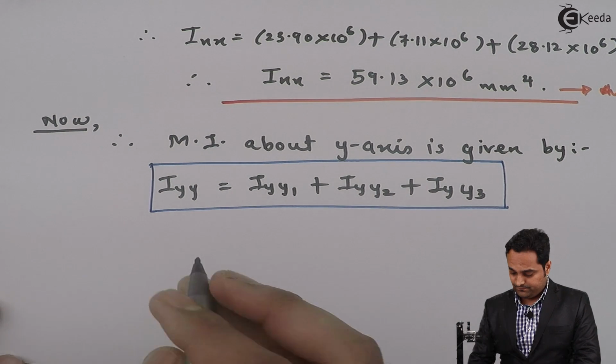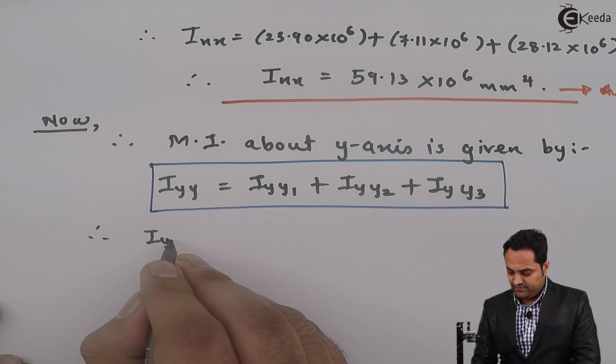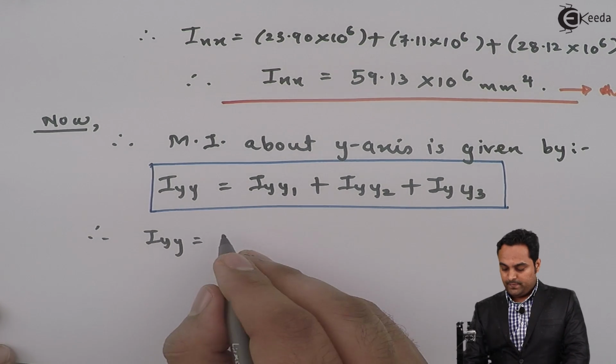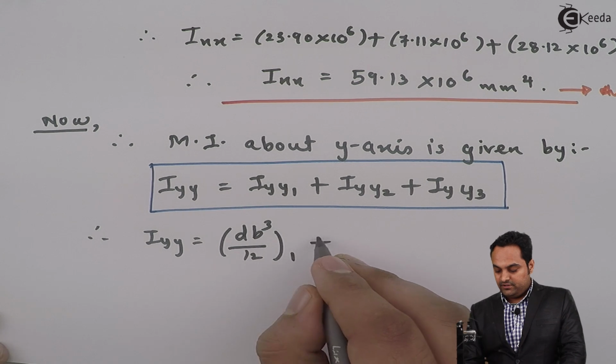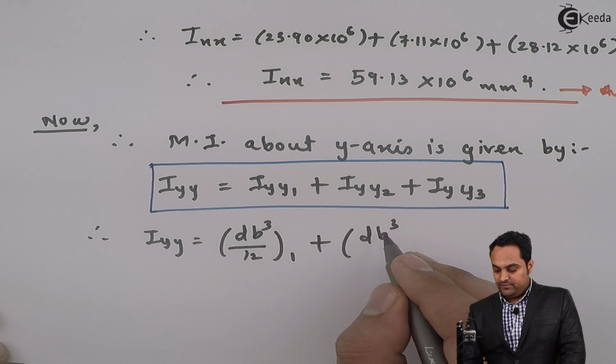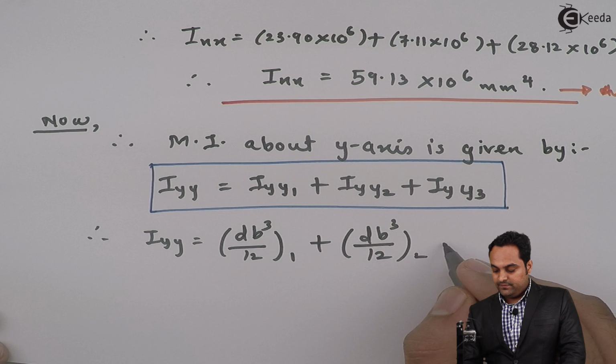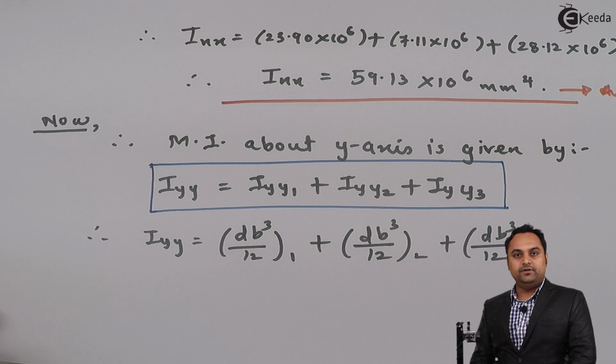So therefore Iyy will be equal to Iyy1, DB cube by 12 for the first figure, next DB cube by 12 for the second figure, and DB cube by 12 for the third figure.